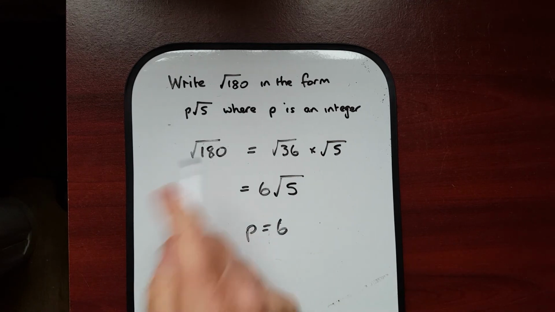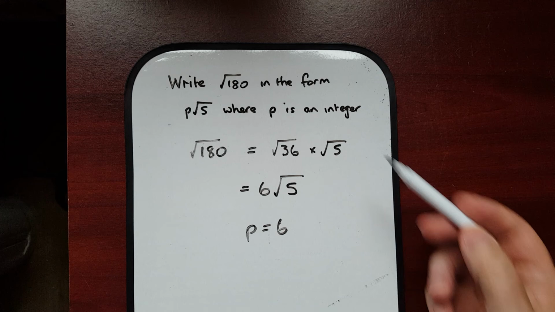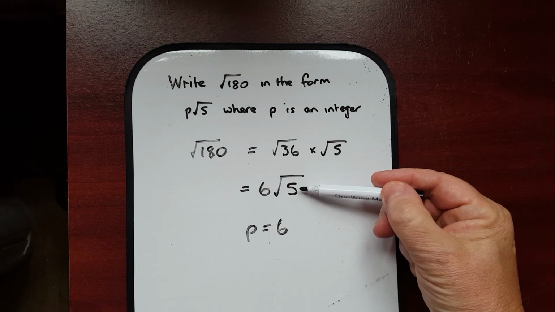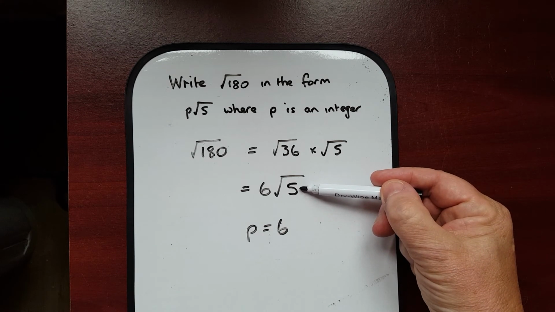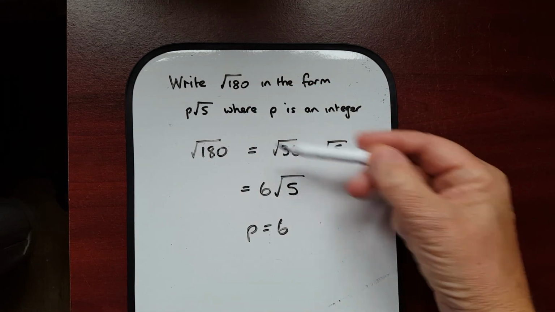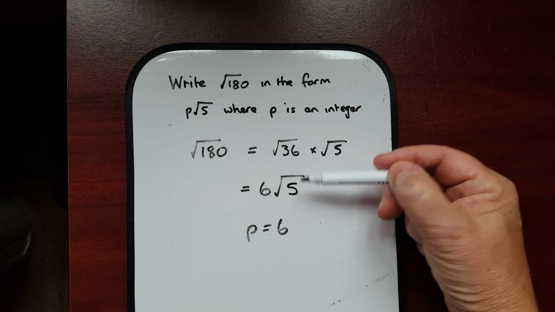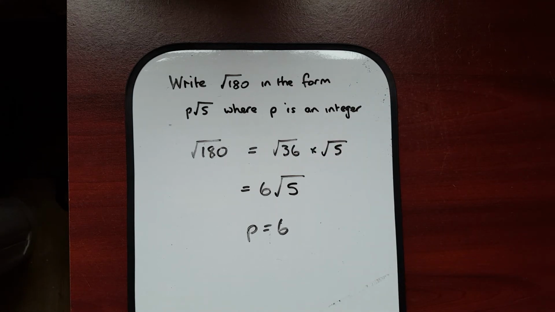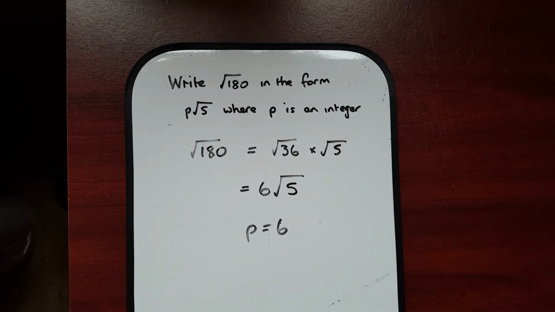It's not as complicated as the question would like you to think it is. You simply do a straightforward simplification, and the main thing you've got to do is check that the number inside the square root is the same as the one they ask you, and you're finding out how many lots of the square root of 5 it would become. So that's simplifying surds then.